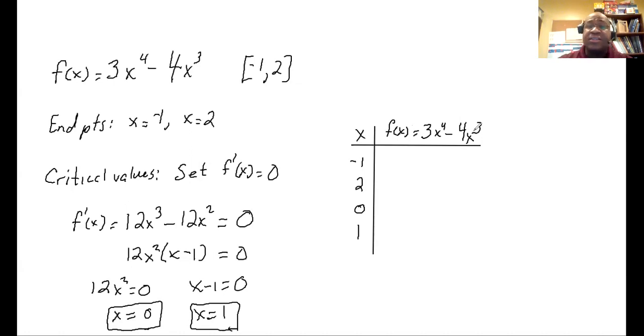So if we test it against the original function, we plug each of these x values into the original function.